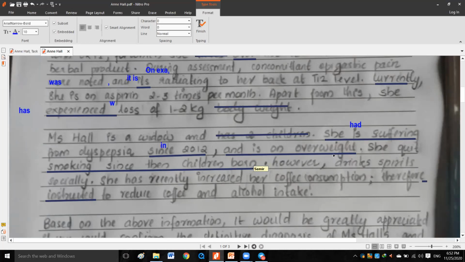"And is on overweight." Again, this is an incorrect structure. You have to say "and she is above the normal range of BMI." It's forbidden in the OET to mention the expression overweight. Don't be judgmental.